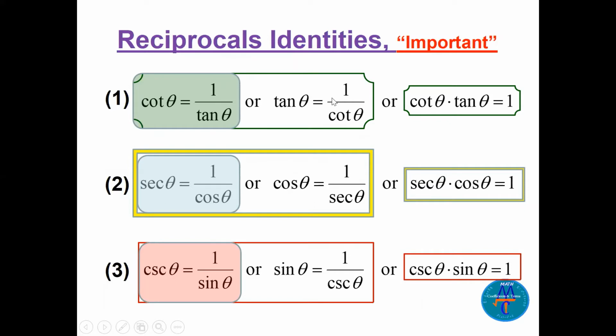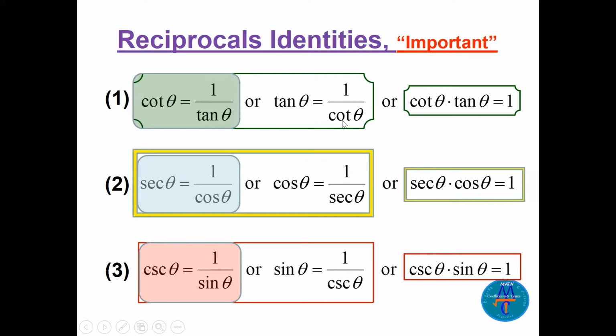You can make a summary on this slide. Cotan of theta is 1 over tan theta, or tan theta is 1 over cotan of theta, or if you multiply them, cotan of theta times tan theta is 1. So in number one, you can see three formulas, but actually it's the same one. Cotan of theta is the reciprocal of tan.